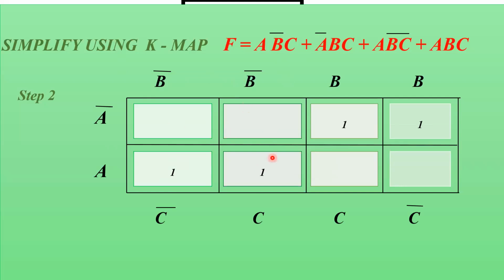Okay. Now to make the group, this one is the one group and this one is the second group. We're not allowed to make groups like diagonals. We should not make groups like this. Got it? You make a group only horizontal or vertical. In the rest of places, you can add the zeros.